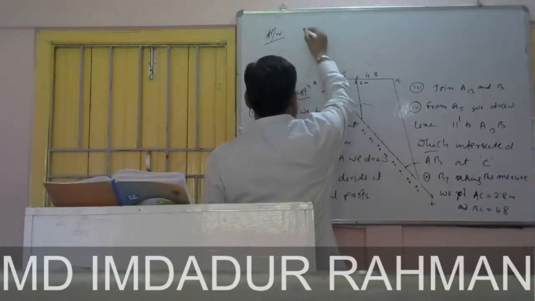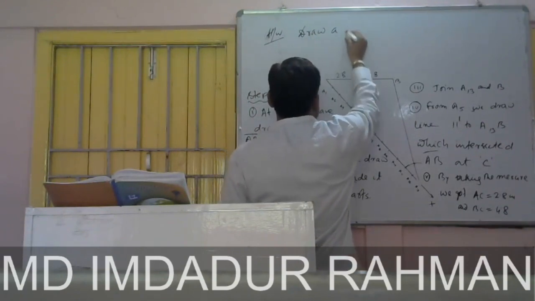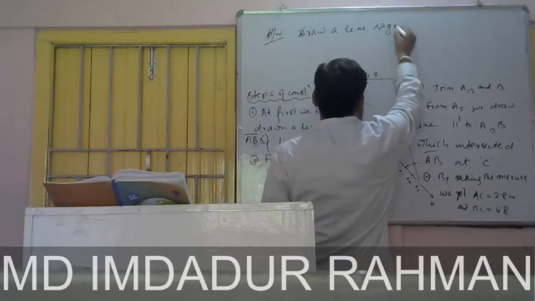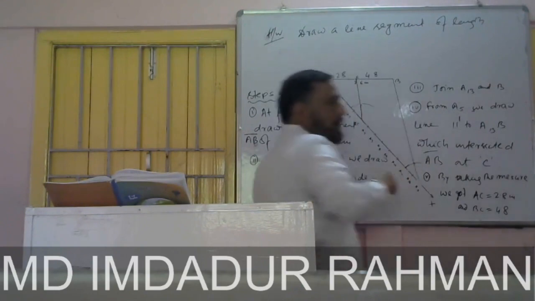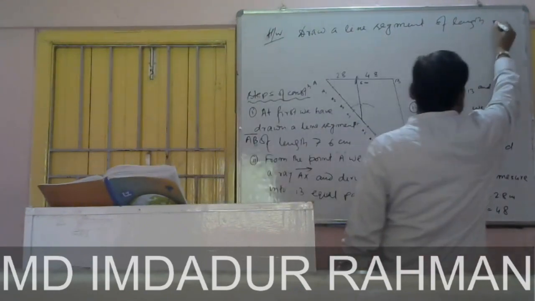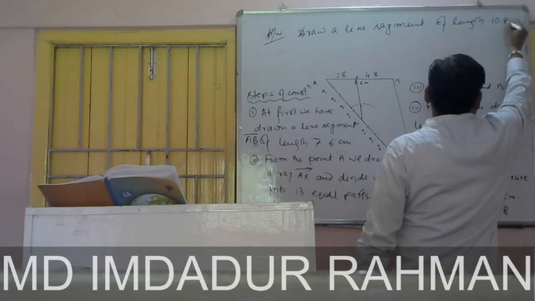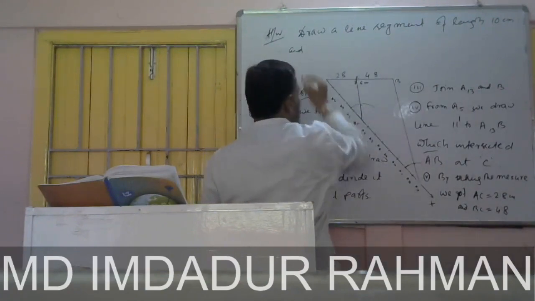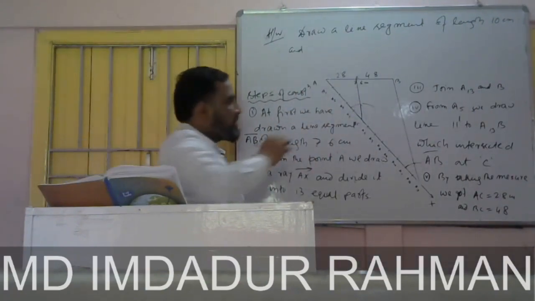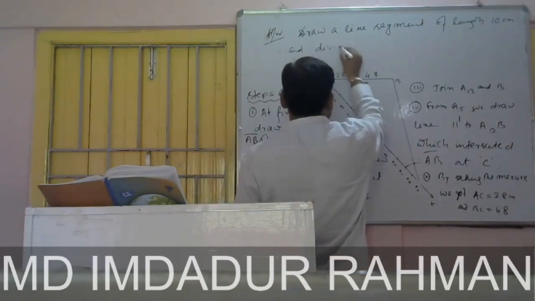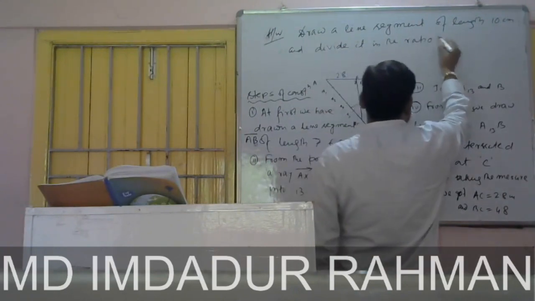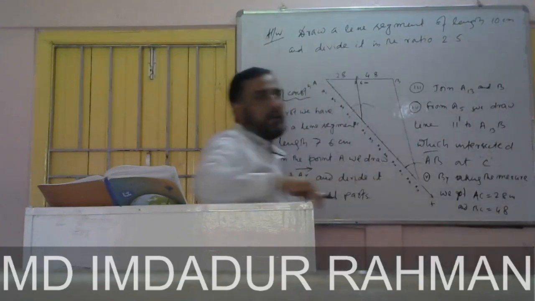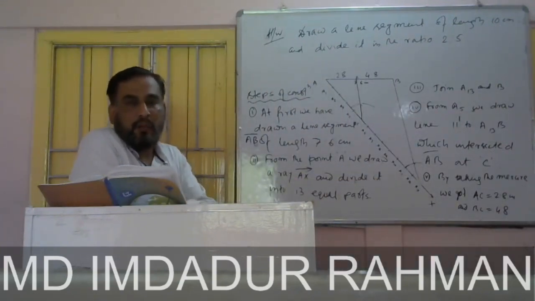Write down, draw a line segment of length 10 centimeter and divide it in the ratio 2:5. So this is your homework based on question number 1.